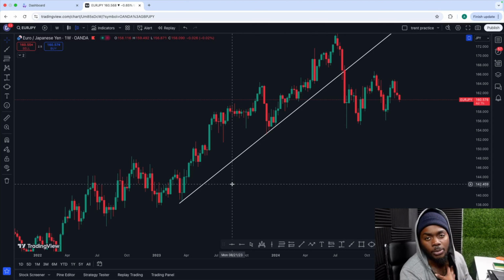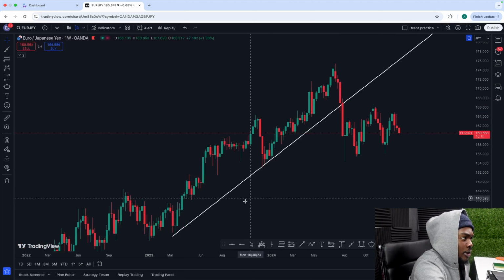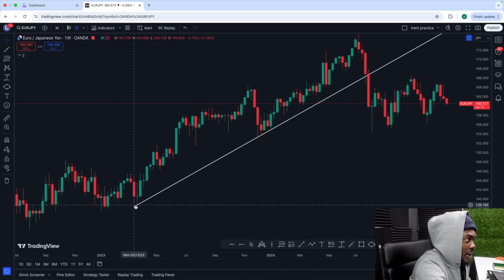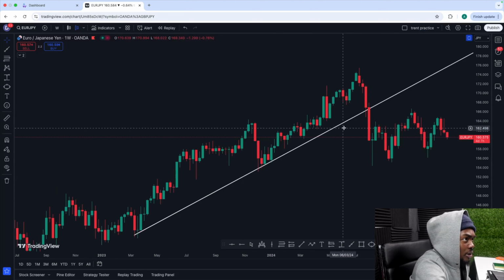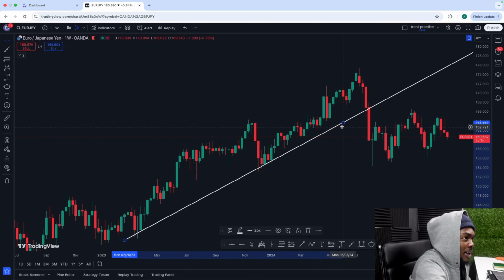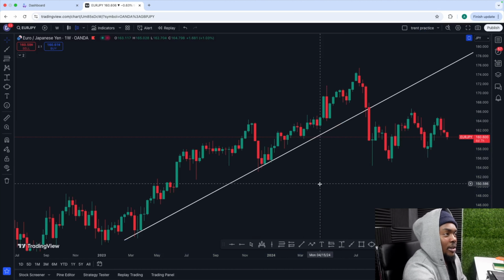I usually like to do the bodies for some reason. Or it just depends on where the market is. But in a situation like this, let's look at the bodies, and let's just look at the charts to see if it makes sense. So basically, whatever makes sense to you when trading or when plotting the trend line, then that's what you use.